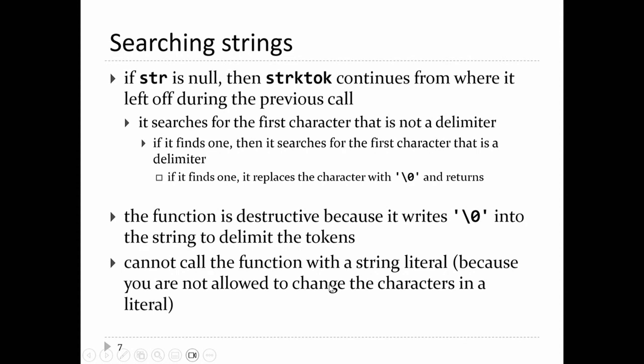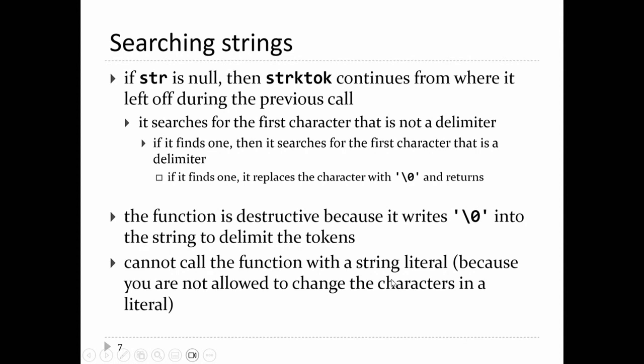What does this mean? If you try to call the function and you pass in a string literal, something in double quotes, remember what I told you, I think last lecture or the lecture before, anything in double quotes is technically not writable. The language says that a string literal can be placed in read-only memory, which means you can't write to it.